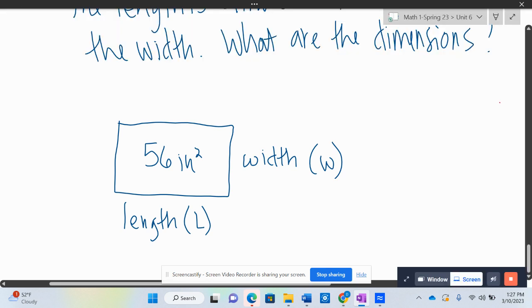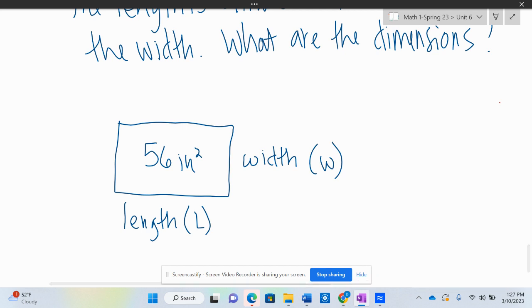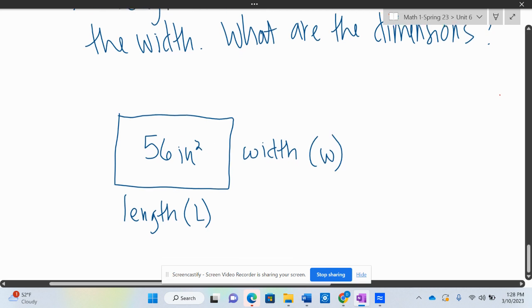So you could absolutely plug and chug, God bless you, and figure out what number this is just by looking at factors of 56. I have no doubt in my mind that you could do that. And this one is pretty easy because I didn't make it fractions. However, you might see some fractions in the near future with problems like this, right?